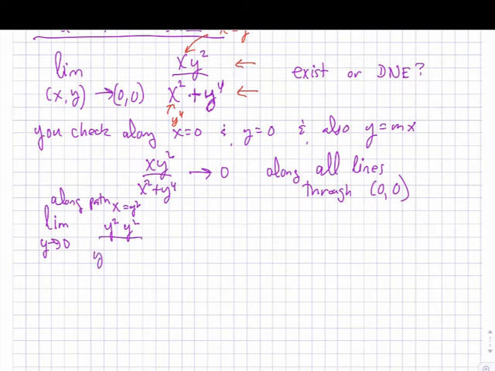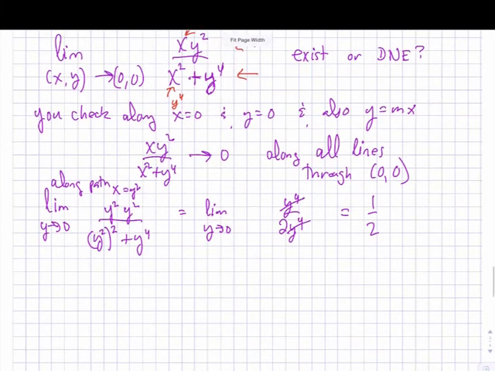Downstairs we have x squared, so y squared squared, plus y to the fourth. Little algebra, and we get y to the fourth over 2y to the fourth. Can cancel those, and the remaining quotient is 1/2. So the limit as y approaches 0 along this parabola is 1/2.